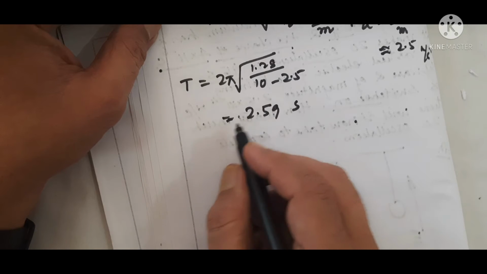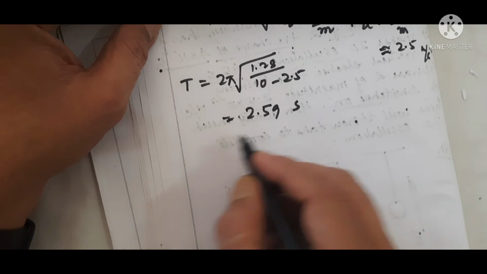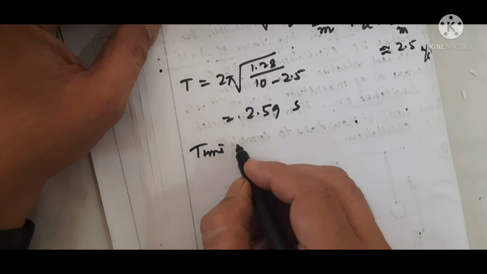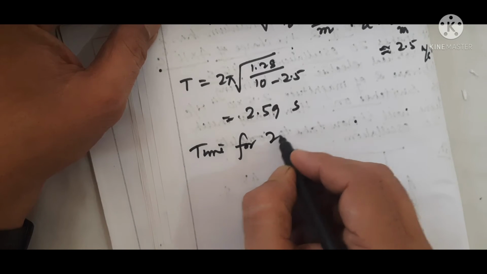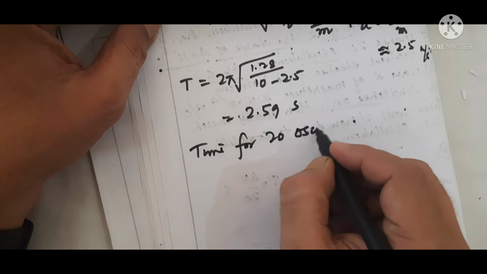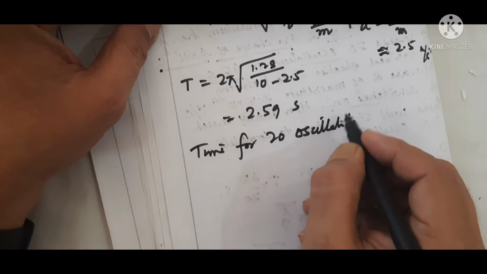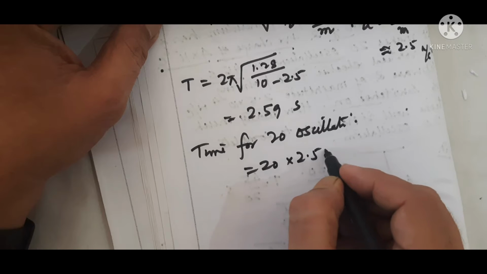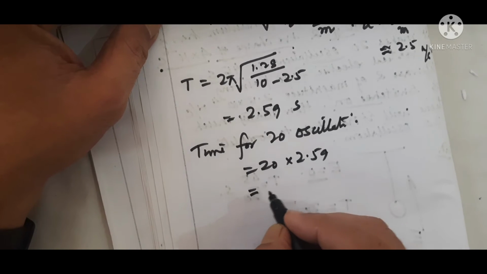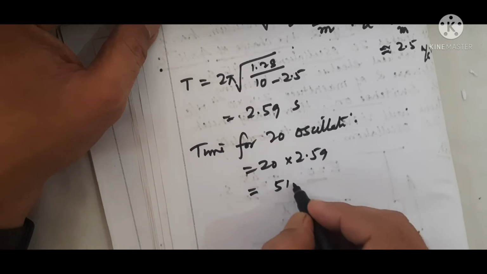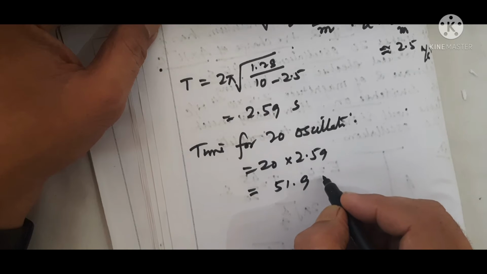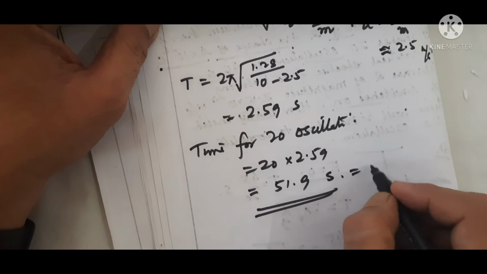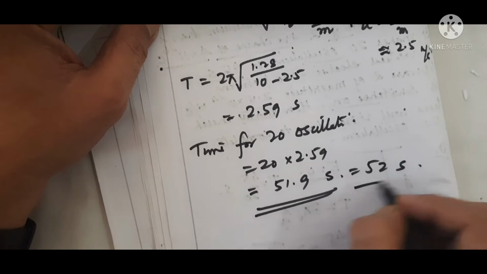The time period is the time taken for one complete oscillation, so the time for 20 oscillations will be 20 × 2.59, which is around 51.9 second, meaning about 52 second. That should be your answer.